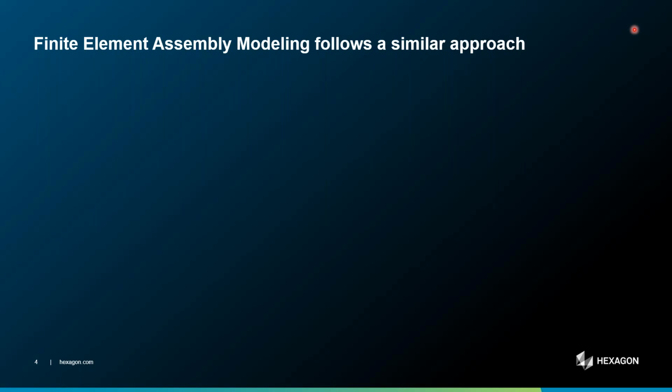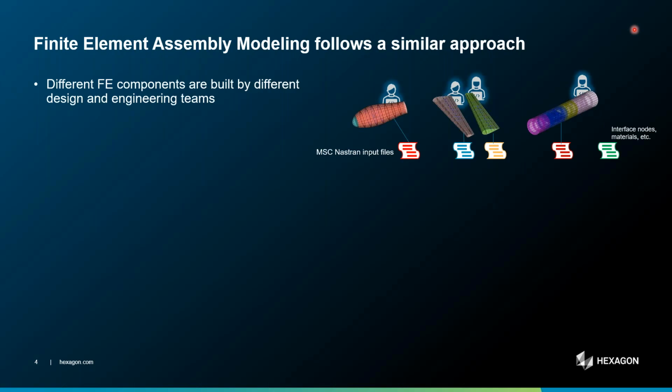The current approach in finite element modeling does follow a similar approach. I'm going to use an airframe as an example, but it's similar for automotive, shipbuilding, spacecraft, everything. Oftentimes, different finite element components may be built by different design and engineering teams. You may have a team that builds the nose, a team that builds the wings, a team that builds the fuselage model.